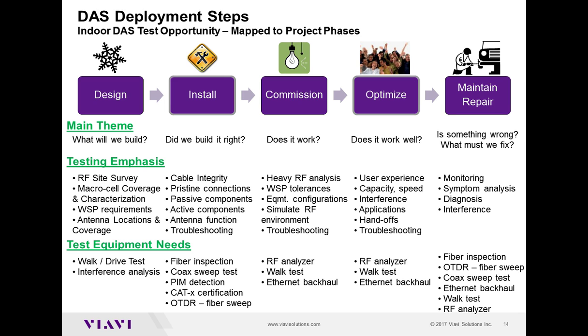And once everything is installed, the time comes when you integrate the RF signal coming from the operator's base station into the DAS head end, and you turn it up and optimize it to ensure the DAS network is doing what it was designed to do.